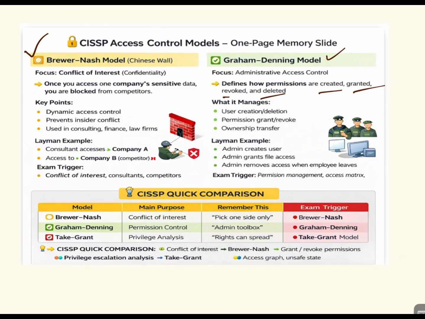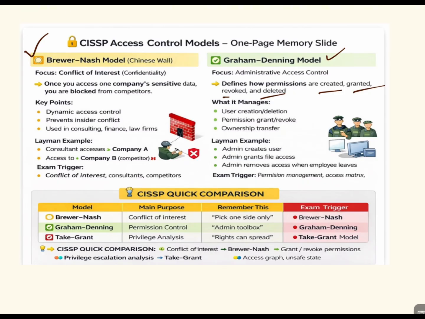So that is important. What we need to keep in mind is, if you see grant, revoke, create, delete, access in the CISSP exam, then the question is related to the Graham-Denning model.